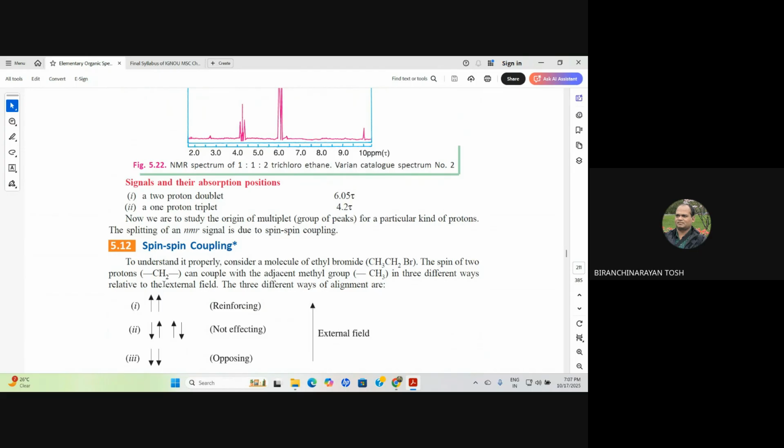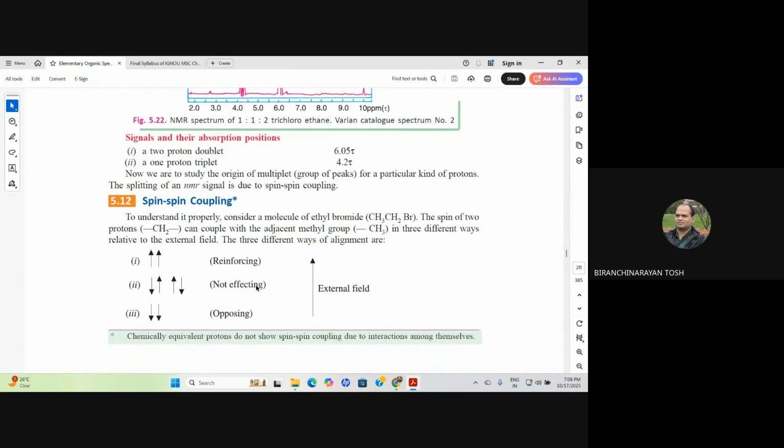The spin of the two protons of CH2 can couple with the adjacent methyl group in three different ways. Two protons, when they couple, both may oppose, or the first may be in this direction and the second in this direction, which will not affect, or both reinforce.